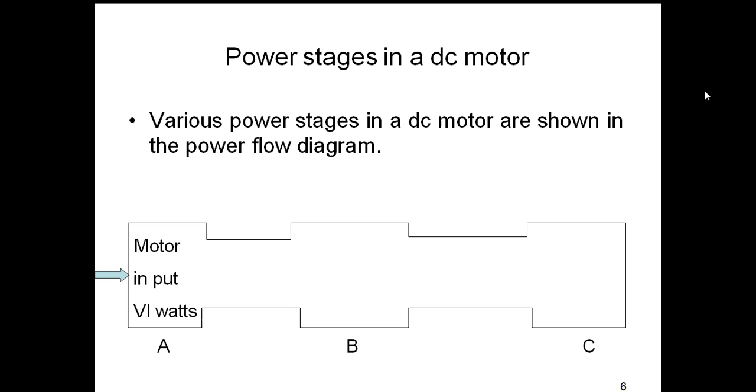When we give this input to the motor terminals, there will be copper losses in the winding, that is in armature, shunt and series field windings.